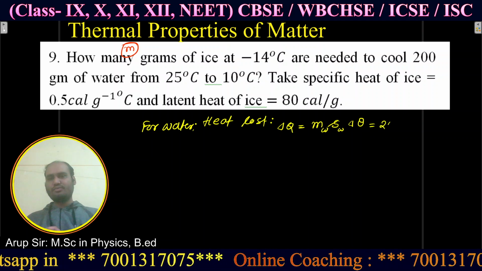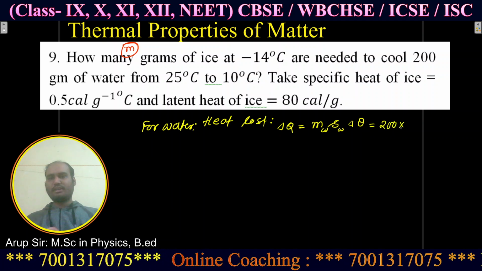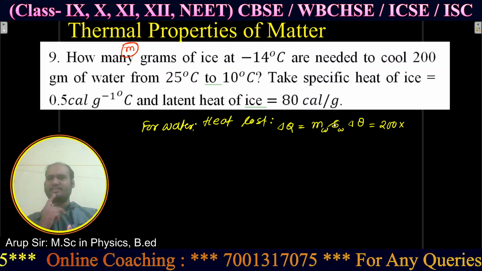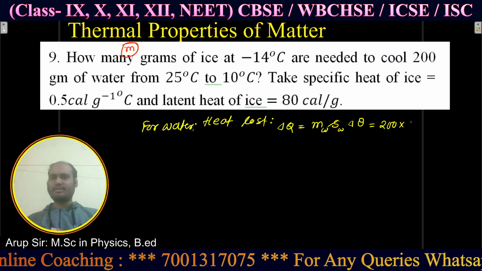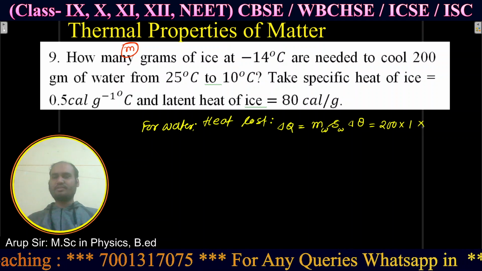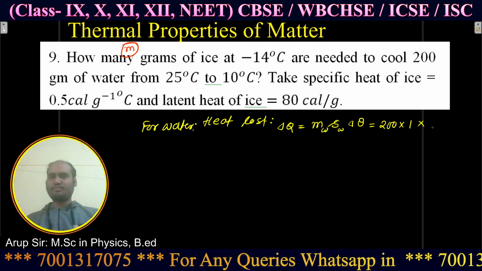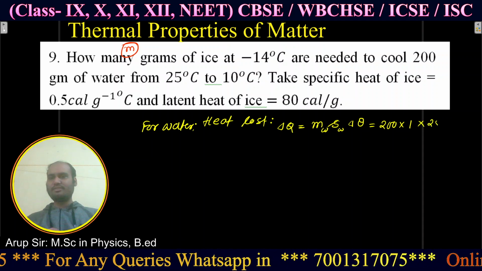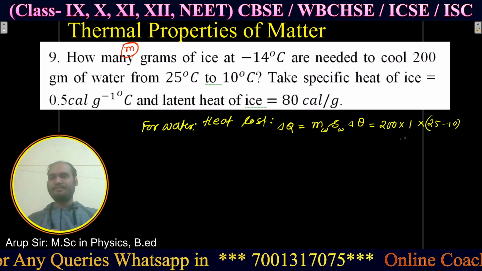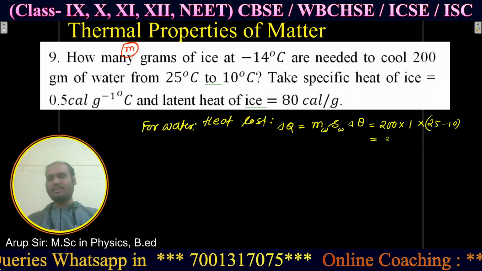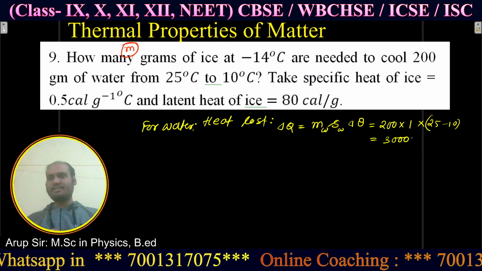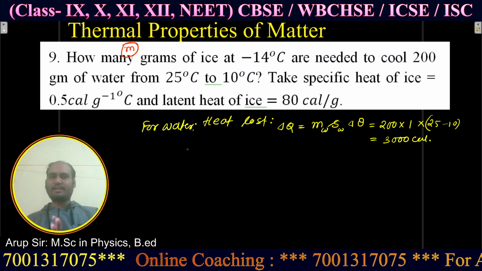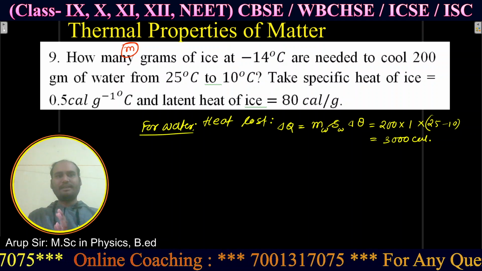M water was 200 gram into s water. All the units are in the CGS system, so no problem. Specific heat of water is 1 calorie per gram per degree centigrade. From 25 to 10 it is going, so the change is 15. So 200 into 1 into 15 is 3000 calorie. This much heat is lost by the water.